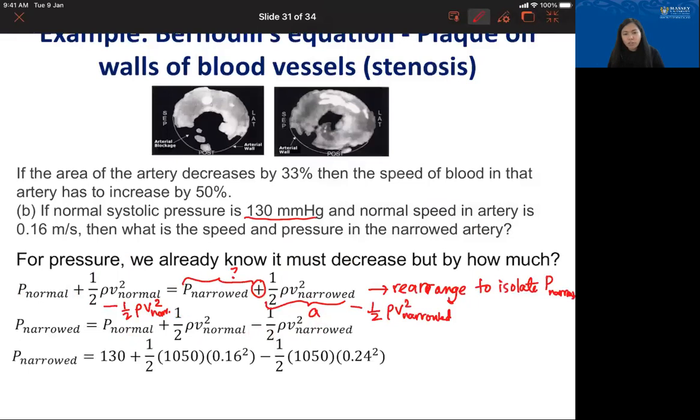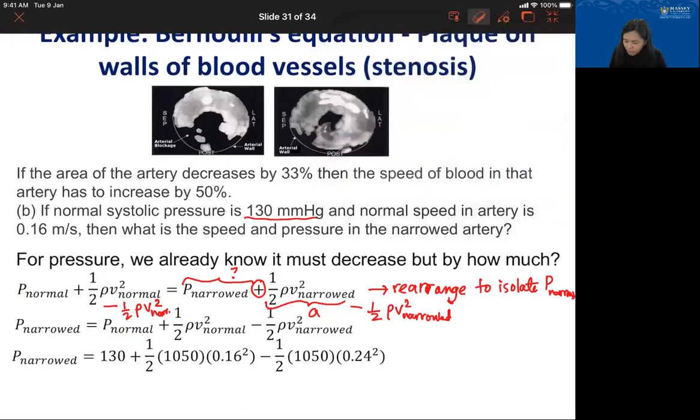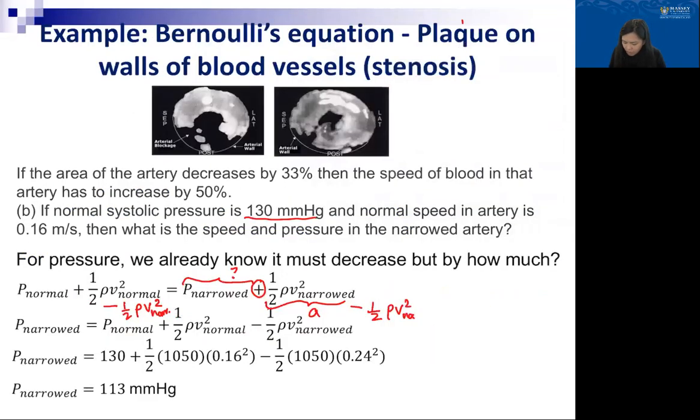The normal pressure is 130 millimeters of mercury. We have to convert that to SI units. Let me erase that part. Where's my conversion? Oh, it's actually just still millimeters of mercury.